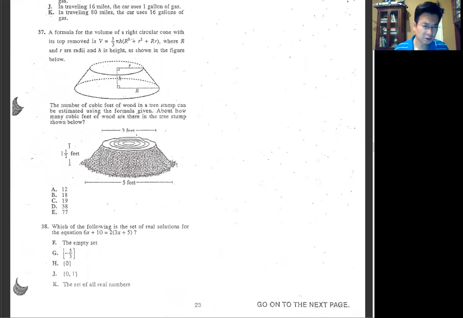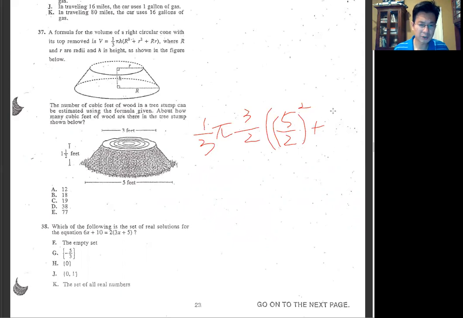So using this, the top one is 1/3 times the height, 1 1/2, which is 3/2, times r squared, 2.5 squared, so 5/2 squared, plus the 1.5, 3/2 squared, plus multiplying these 2, 15/4.